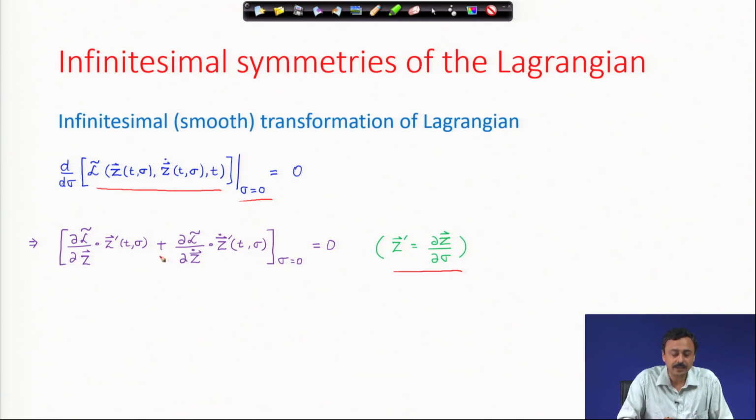To that I add, again by the chain rule, the partial derivative of the new Lagrangian with respect to the velocities z dot, dot z dot prime, where z dot prime means del sigma of z dot. That is all to it, and this must be calculated at sigma equal to 0, and that is equal to 0. This is our condition. This is the symmetry condition.